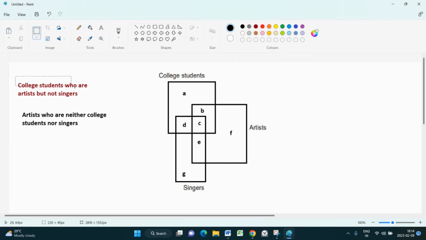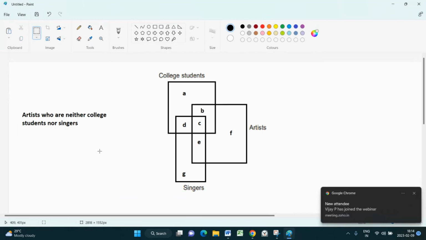I have finished this question. I am deleting it so that we don't have any confusion. I want them to be artists, but not a college student. I want them to be artists.